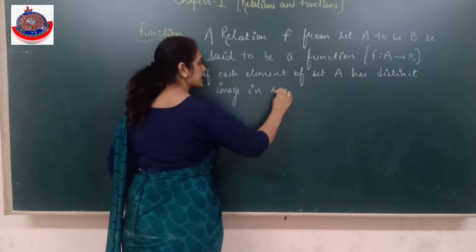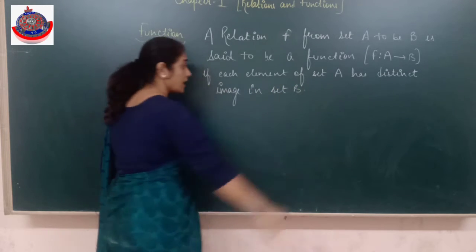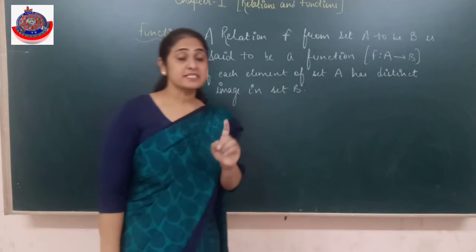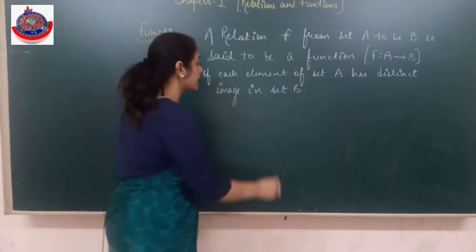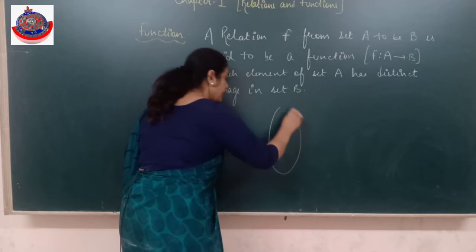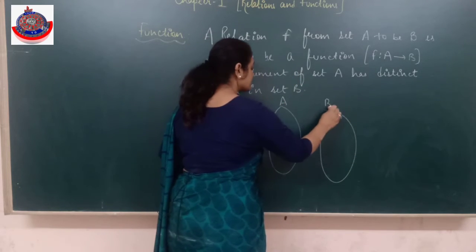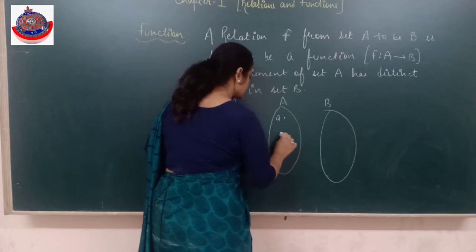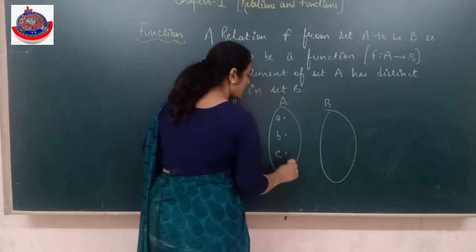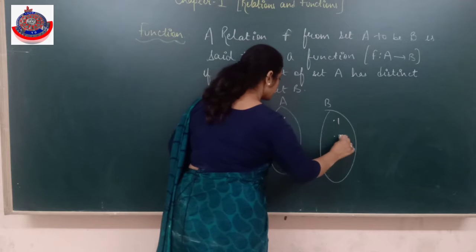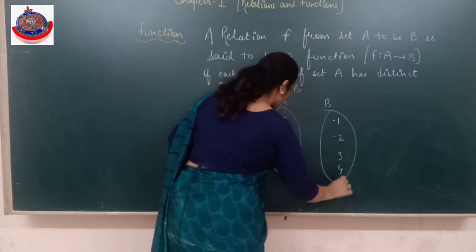in set B. Each element of set A, सबसे पहले set A के हर एक element की एक image होनी चाहिए second set के अंदर. If this is set A, this is set B, this is A, this is B, this is C. Alright, so this is 1, this is 2, this is 3, this is 4.